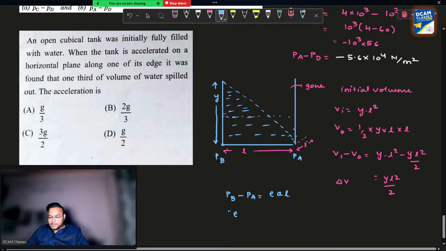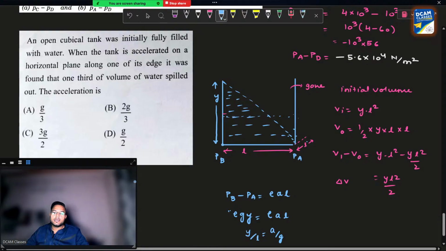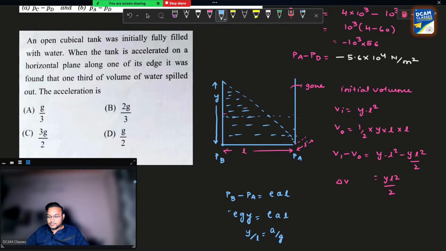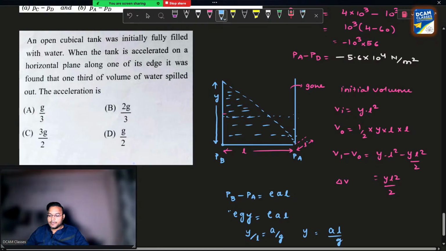It's rho g now. Rho g y is equal to rho a l. So y by l is equal to a by g. That's the relation you can apply. So y is equal to a l by g we are getting.